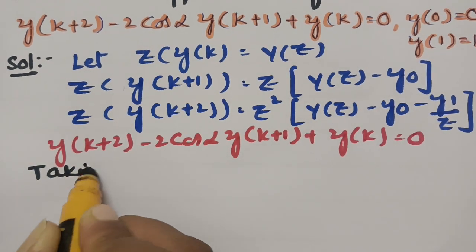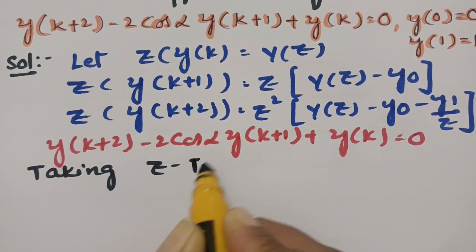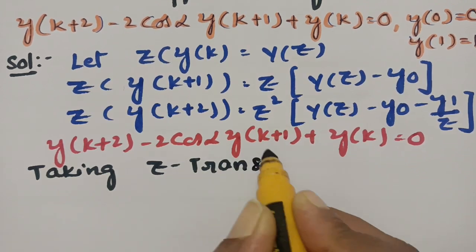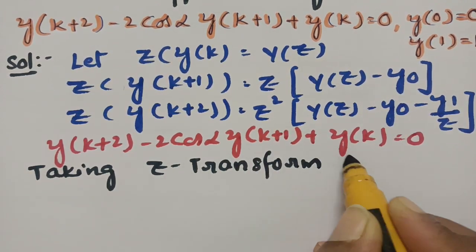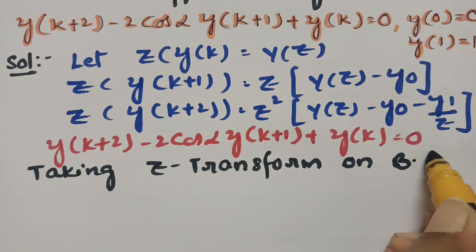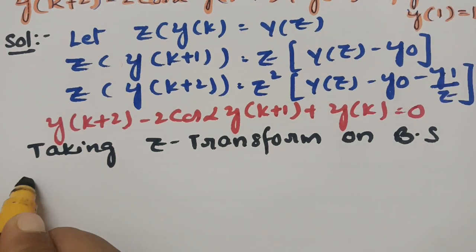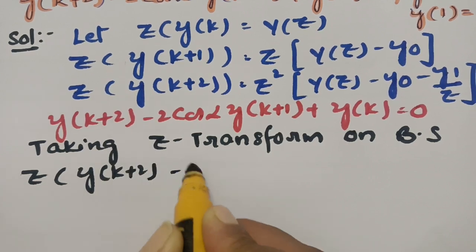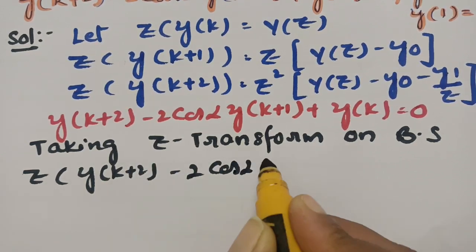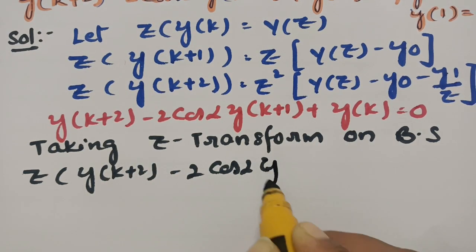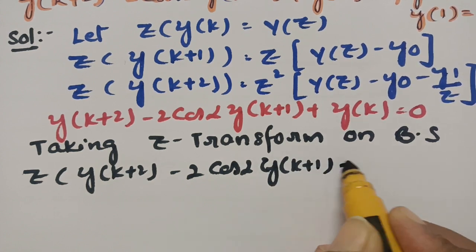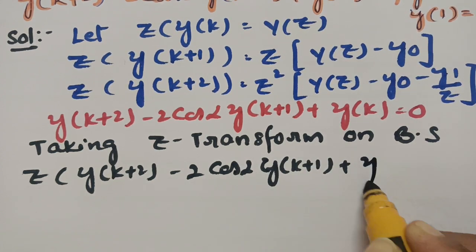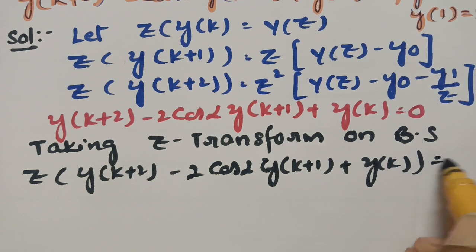So here, taking z transform on both sides, this will become z transform of y of k plus 2 minus 2 cos alpha into y of k plus 1 plus again y of k is equal to 0.